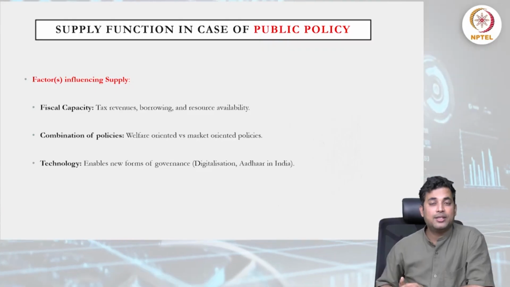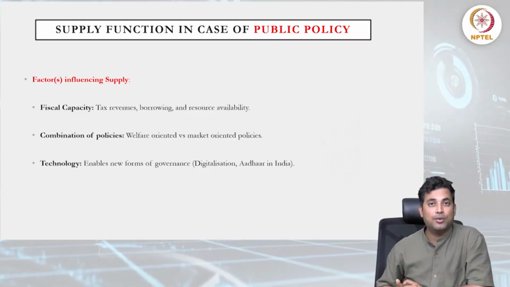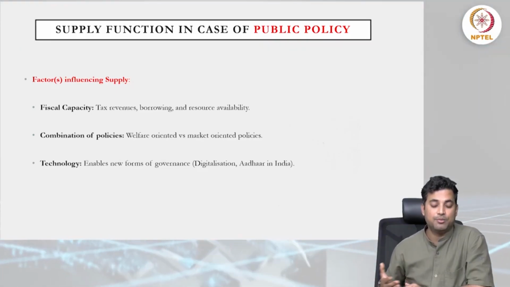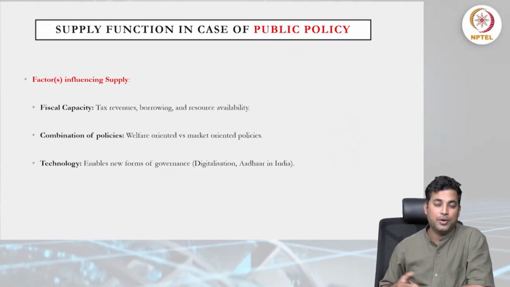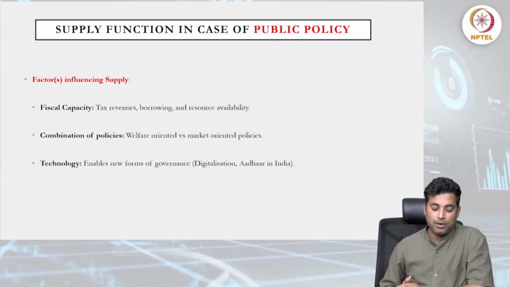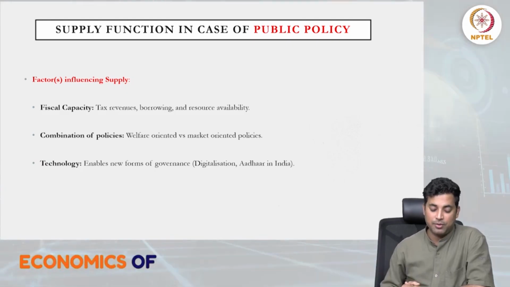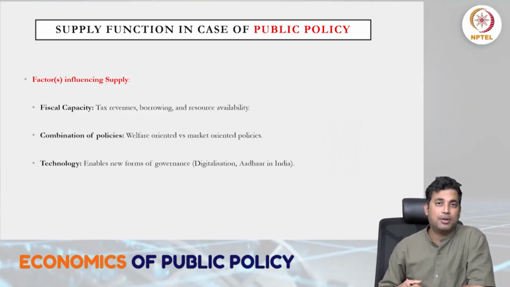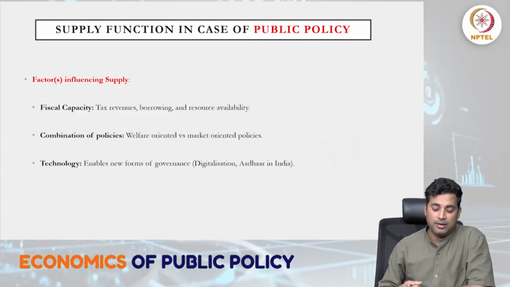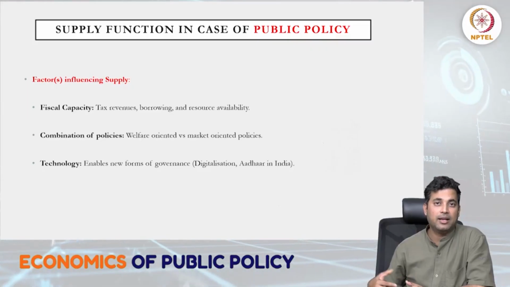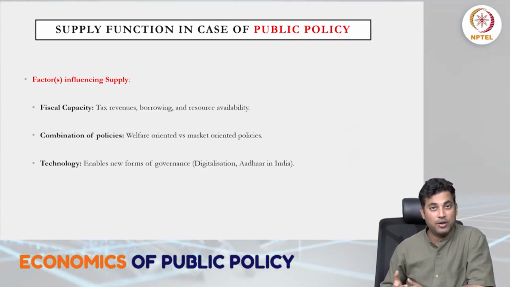Or any policies that you can consider, like when the government decides to introduce either more welfare oriented policies or market oriented policies, or a combination of welfare oriented and market oriented. Let's take the example of subsidy on MSMEs. Of course, it has multiple layers from the policy perspective.